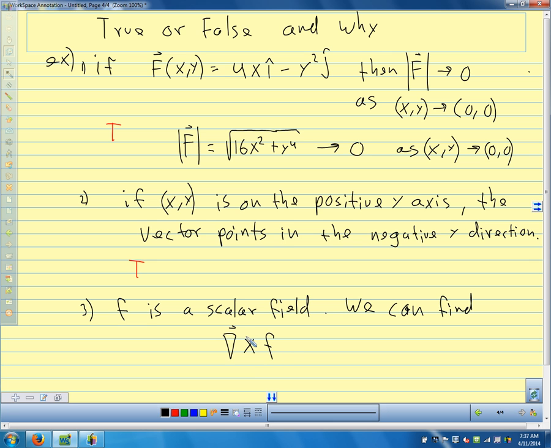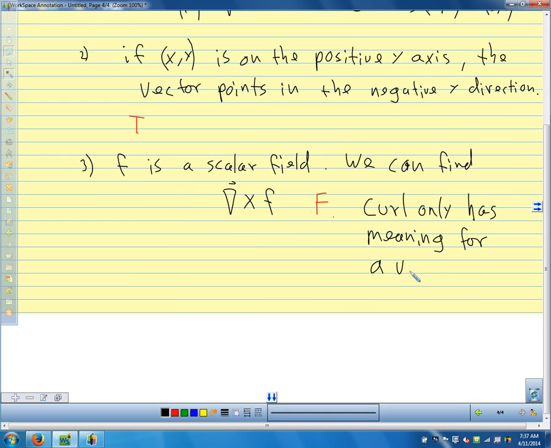F is a scalar field, so we're saying we're taking the cross product of a vector operator with a scalar. So this would be a false. The curl only has meaning for a vector field. So we have to take the cross product of vectors.